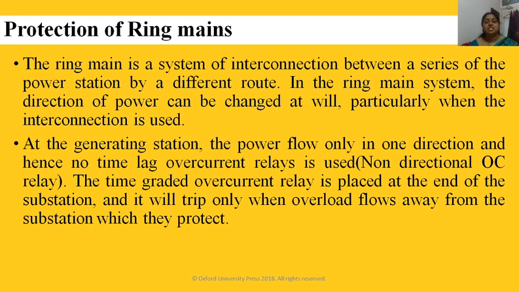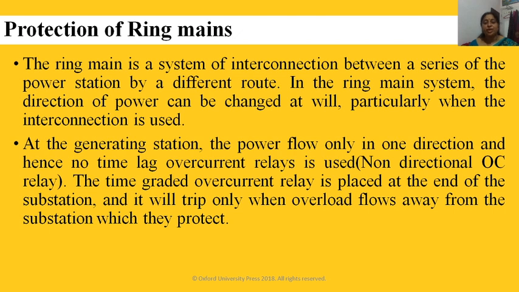Now we'll come to the next point, protection of ring mains. A ring main is a system of interconnection between a series of power stations by different routes. In the ring mains, the direction of power can be changed at will, particularly when the interconnection is used. At a generating station, the power flows in only one direction. The generating station is providing power from only one direction, and hence a no time lag overcurrent relay is used, meaning we are using a non-directional overcurrent relay.